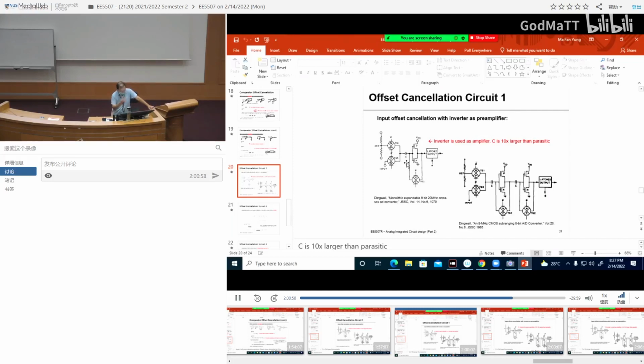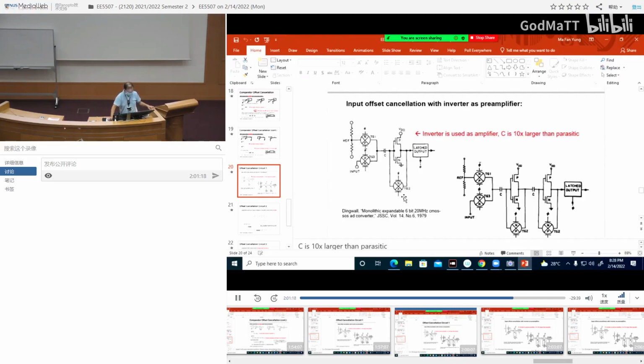Actually, look at this circuit. Here are your two comparator inputs: one input here, and the reference input here. Let me expand this a little bit so I can see clearly. During the offset storage phase, phi equals high, I close this switch, connecting input to output.